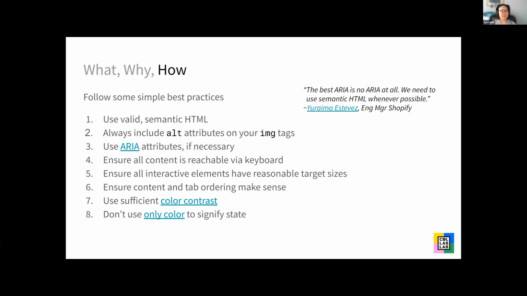And then the next is ensure all content is reachable via keyboard. So if you build a website or an application, try to navigate with your keyboard. Try all the keys, like the space bar, the enter key, or the arrow keys, and make sure that everything works properly. And then the next, ensure all interactive elements have reasonable target sizes.